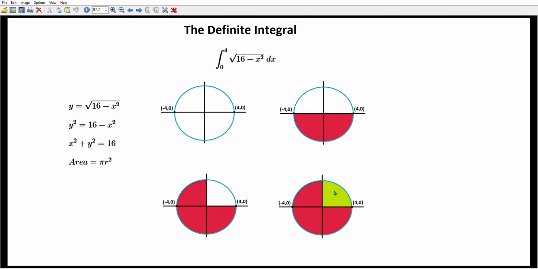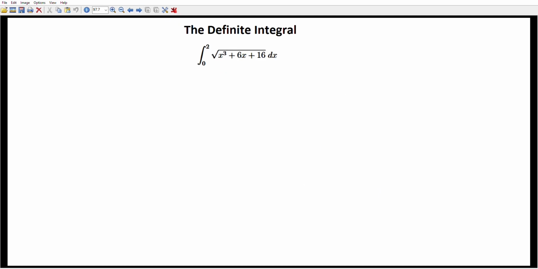And that's 1/4 of the circle. So we end up getting 1/4 pi r squared, where r is 4 here, and that's 1/4 of 16 pi, or 4 pi, which is this area. Let's look at an even more complicated definite integral, the integral from 0 to 2 of the square root of x cubed plus 6x plus 16.